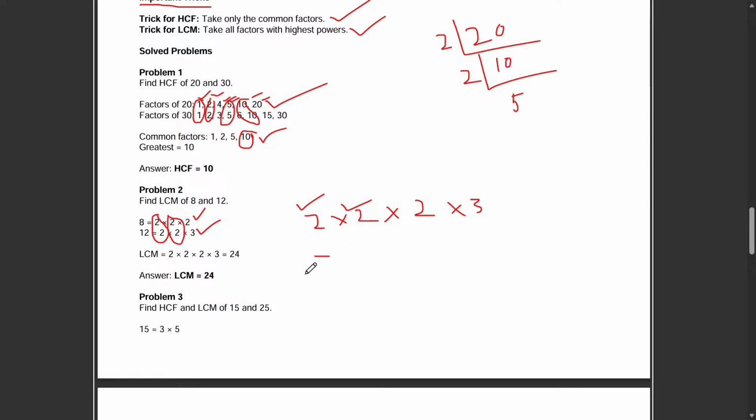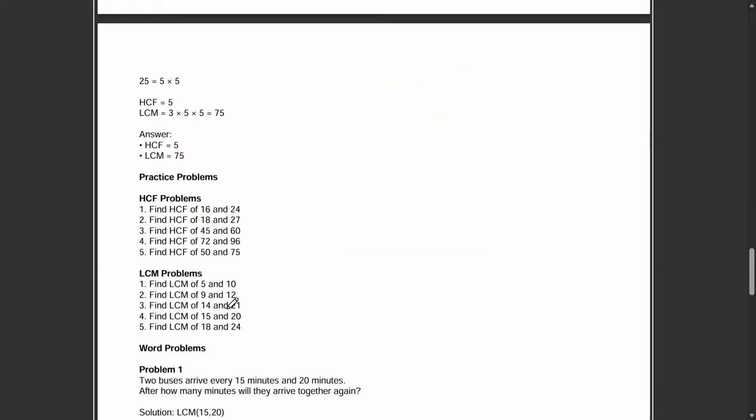So we are getting 24. So the LCM of 8 and 12 will be 24. Okay. So we have also learned how to find HCF and LCM very easily.